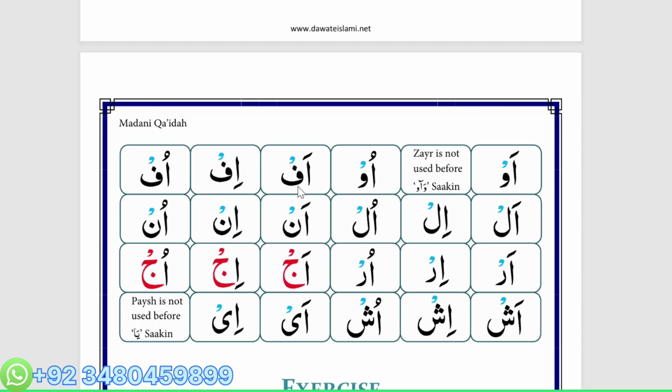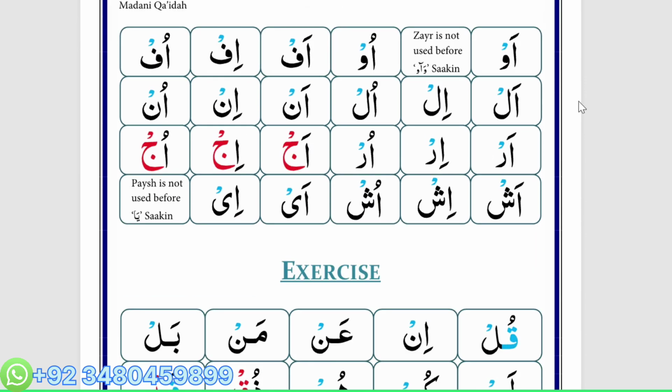Hamza Fa zabar af, Hamza Fa zair if, Hamza Fa pesh uf: af, if, uf. Hamza Lam zabar al, Hamza Lam zair il, Hamza Lam pesh ul: al, il, ul.